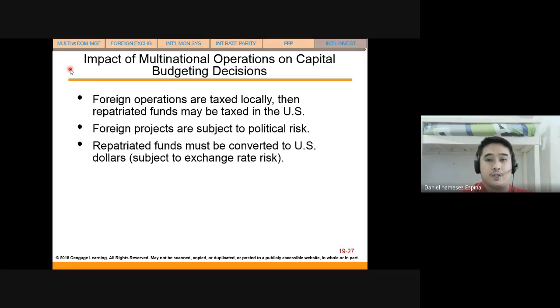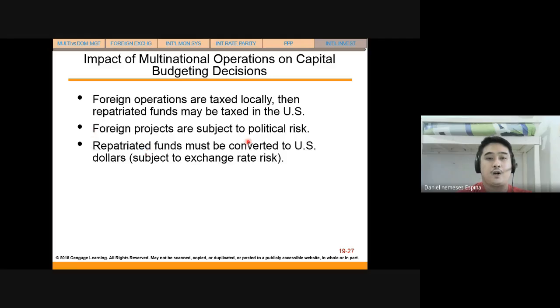Impact of multinational operations on capital budgeting decisions. Okay, so the foreign operations are taxed locally. So if we are operating outside, then we can be double taxed because the profits outside are also taxed locally, and the funds that will be returned to the home country are also taxed, or what we call the repatriated funds.